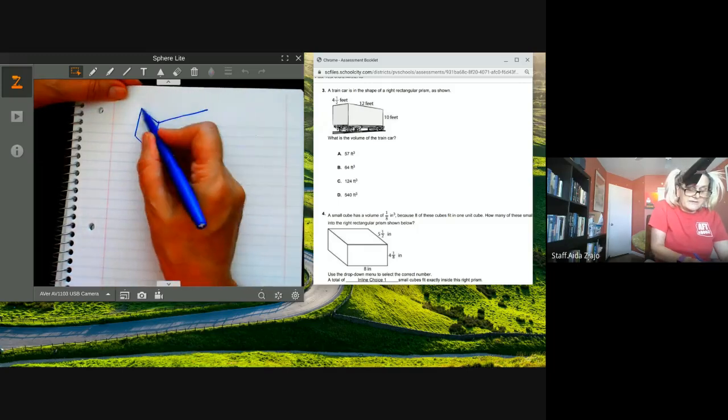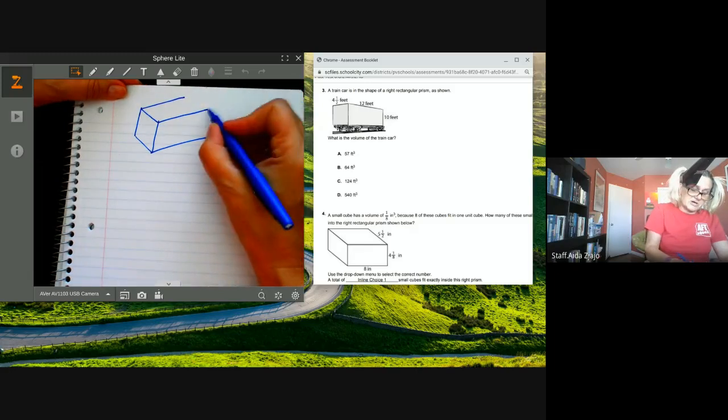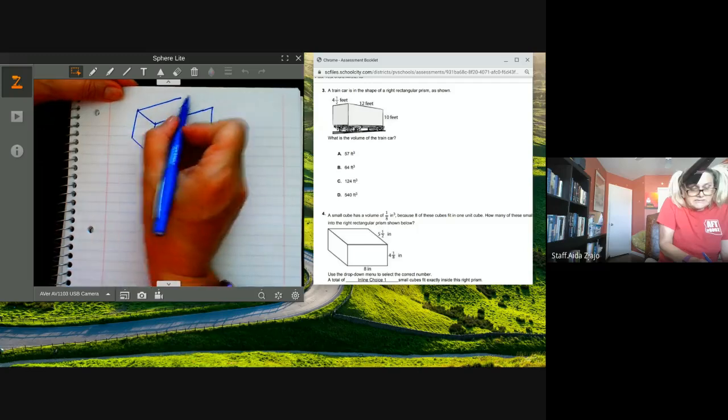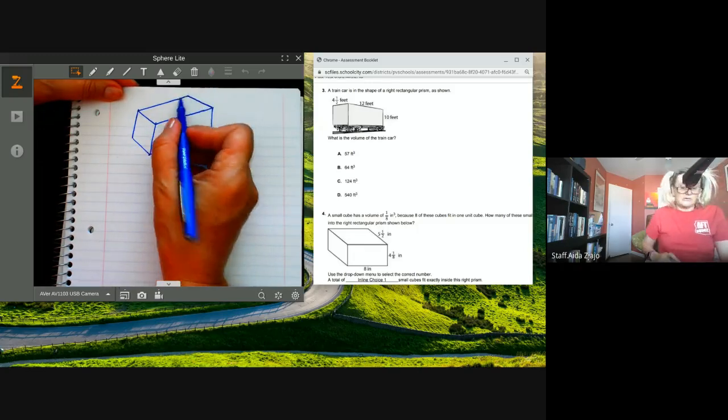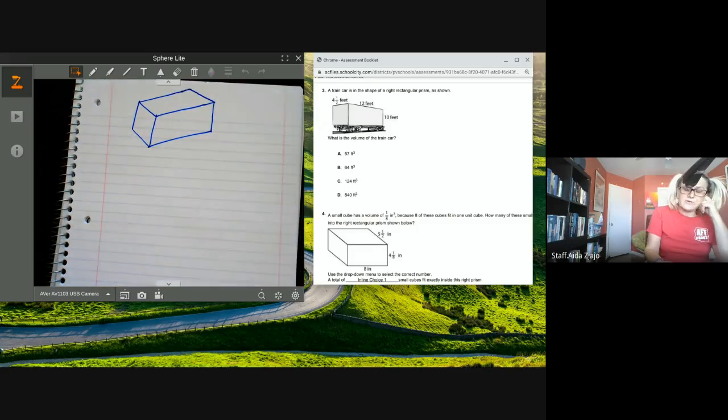So if they give us the volume, the picture, what is the height, what is the width, and the length, in different places that you usually know, we have to figure it out on our own. So what would be the height? Where is the height and how long is it?